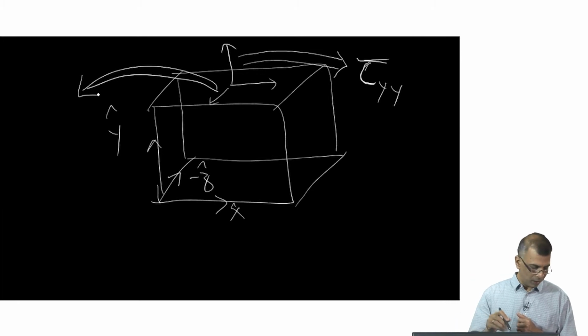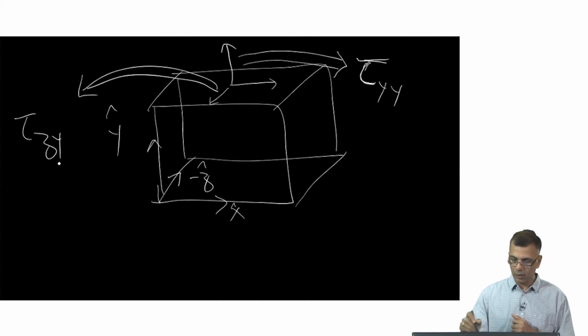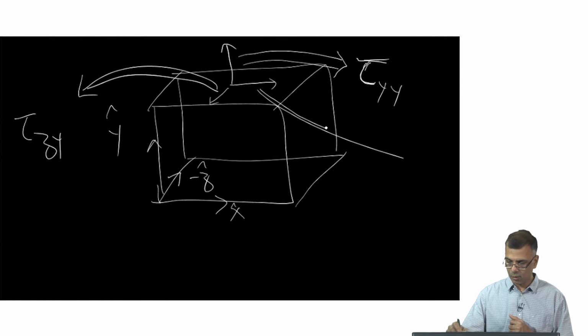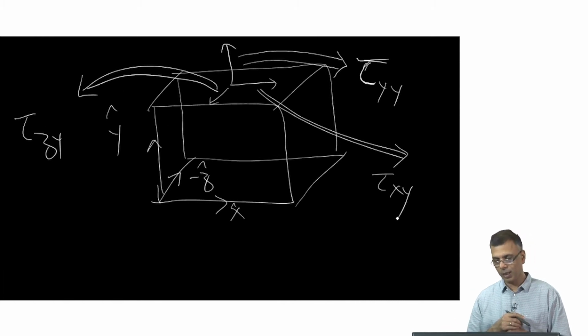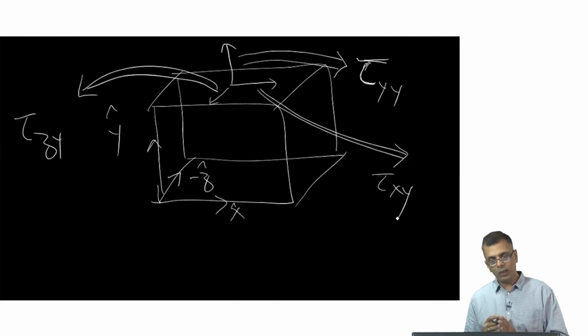This would be tau zy, and this would be tau xy. Tau yy would be a normal force. This is what one normally thinks of as pressure. The force that's acting normal to the surface.